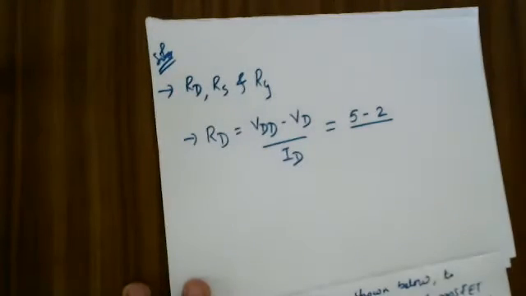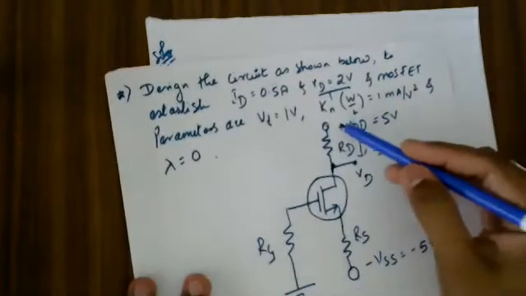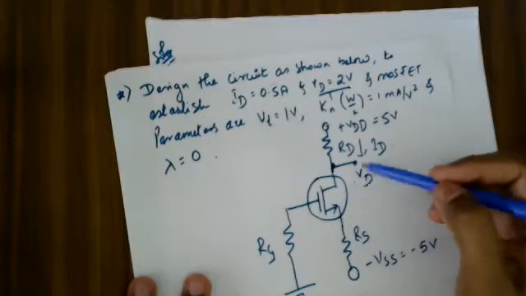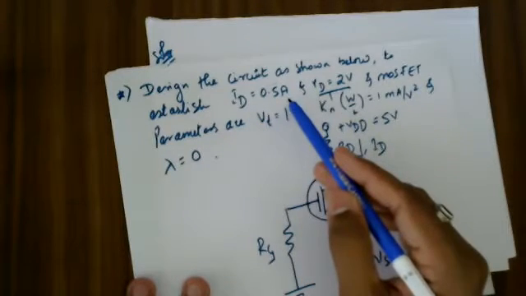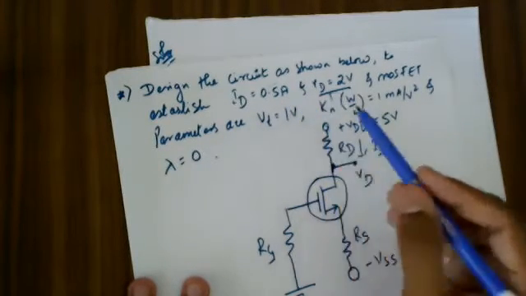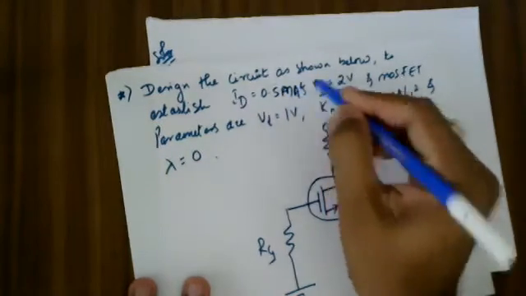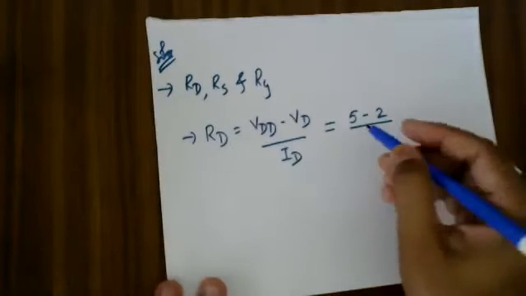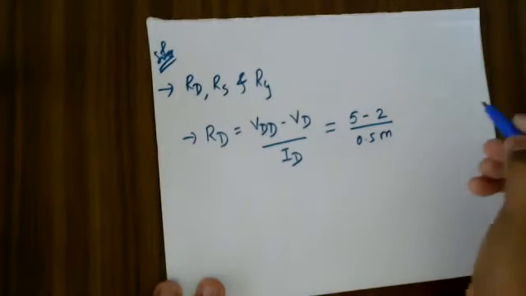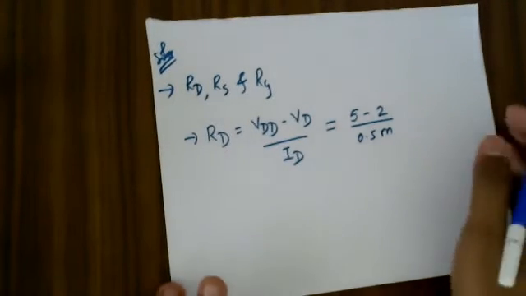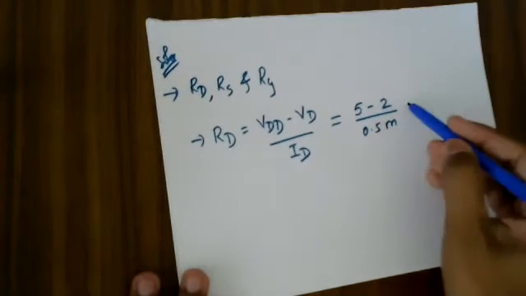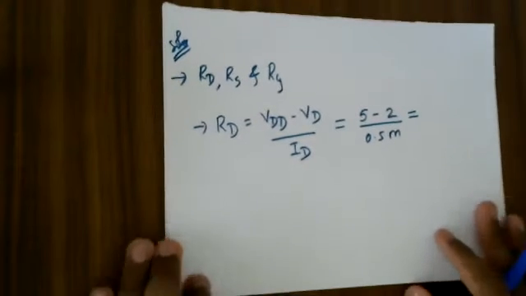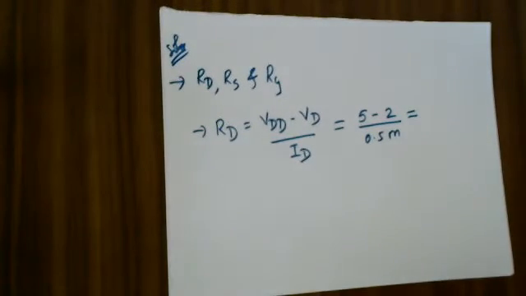ID is the current that flows through the drain to source branch, and he has given ID as 0.5 milliamps. Sorry, make the change: it is 0.5 milliamps, not 0.5 amps, because this current has to be in the range of milliamps. Now, if I solve this, what will be my answer?